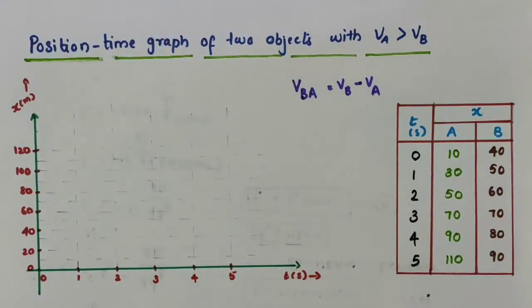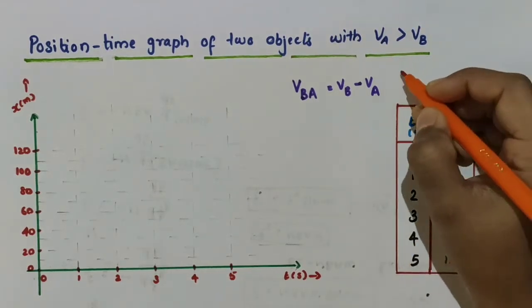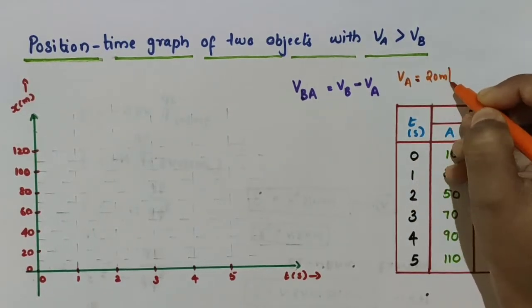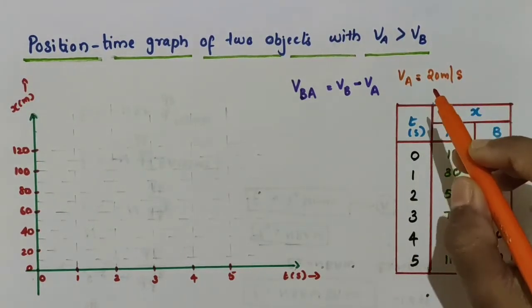Now, suppose the object A moves with an average velocity of 20 meter per second. That is, in 1 second, the object covers a distance of 20 meters.